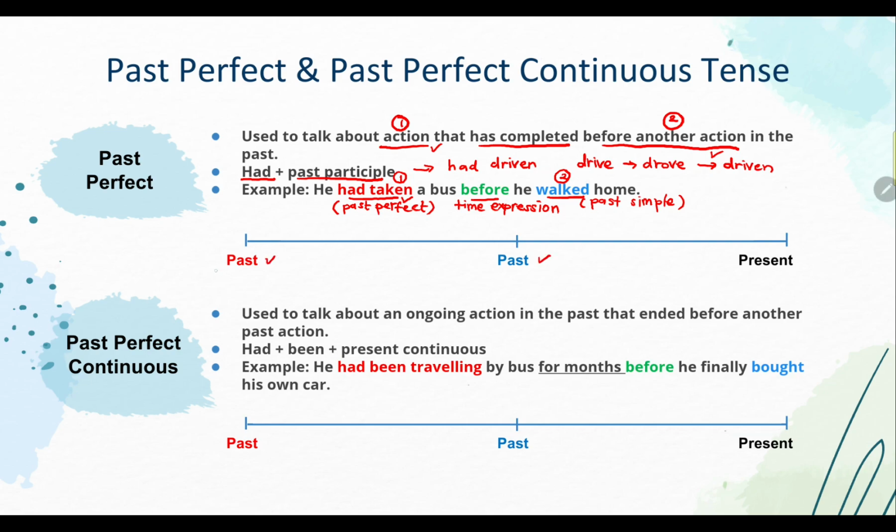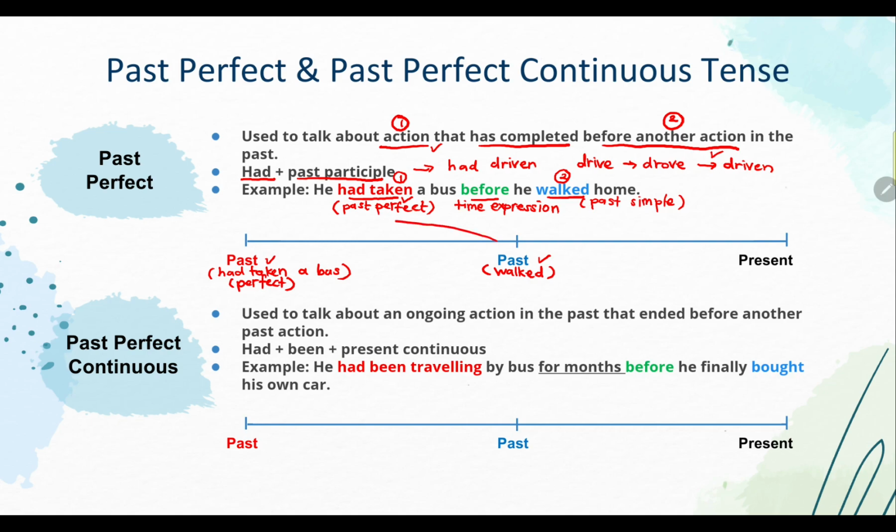The first action that happened was had taken a bus. So this one will be past perfect. And then the second action is walked. That's why we have to use past perfect here. We have to use past perfect because it happened before another action in the past.